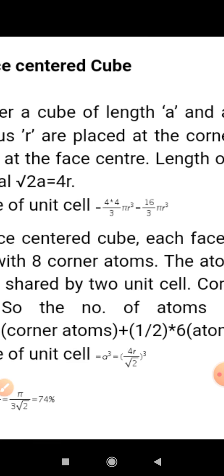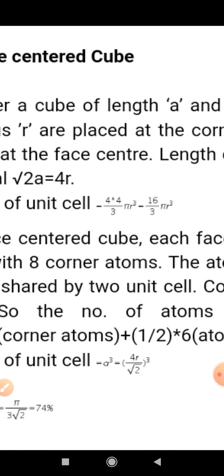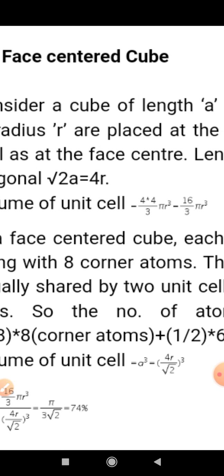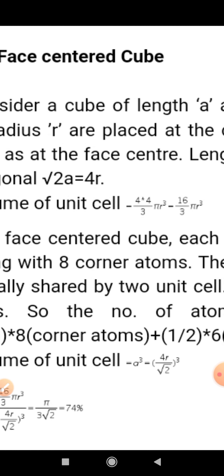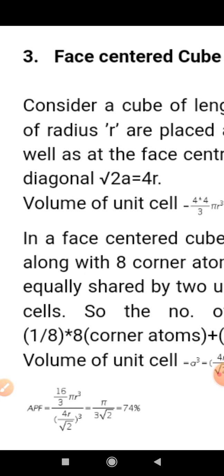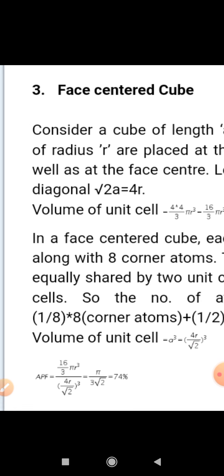Put the value of A, 4r upon root 2 whole cube, it will be 64 r cube divided by 2 root 2. PF equal to 16 by 3 pi r cube divided by 4r by root 2 whole cube equal to pi divided by 3 root 2 equal to 74%. Thus for FCC, packing fraction will be equal to 74%.